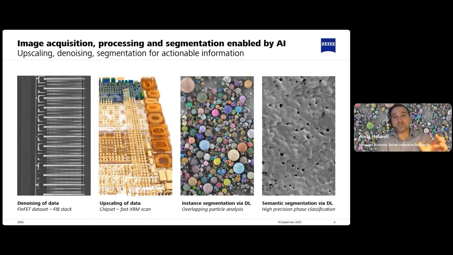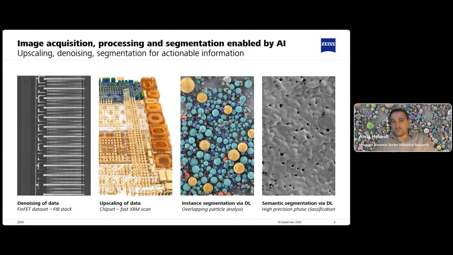And when you've got particles which are overlapping or agglomerated, or where the image is not perfect, there may be some shadowing or charging, then actually it's very useful to be able to use AI to extrapolate exactly where that full particle is and the dimensions of it. So you won't be able to see everything underneath a 2D layer, but what you are able to do is do some much more precise particle analysis, even of overlapping particles.